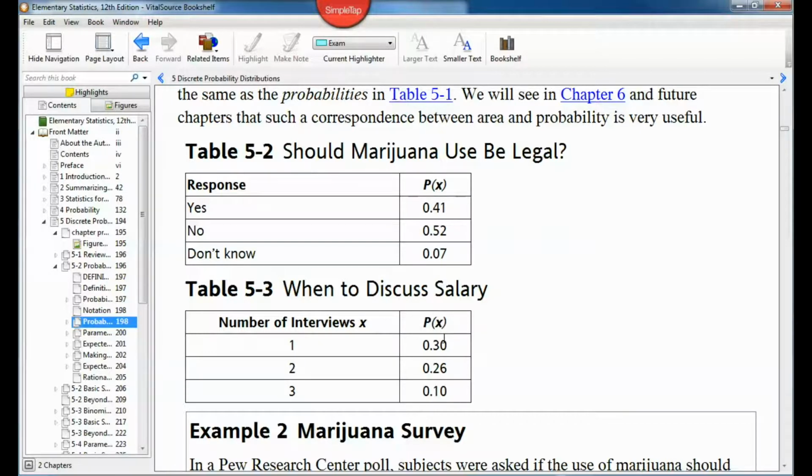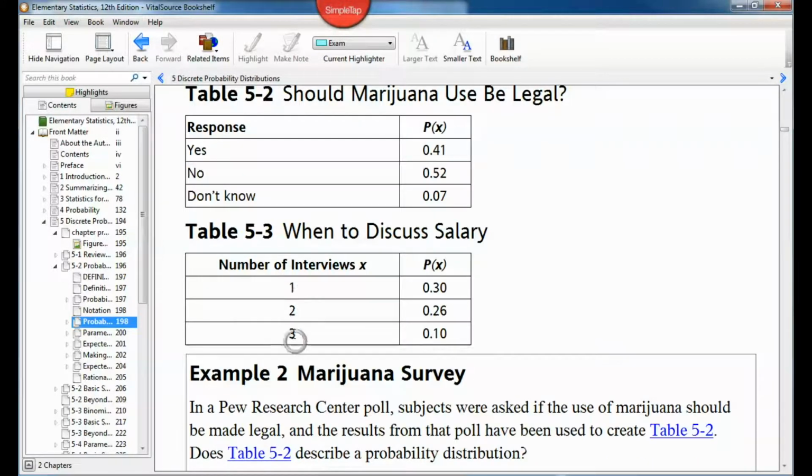Probability, when to discuss salary. I guess if you have 1 interview, 30%. 2 interviews, 26%. 3 interviews, 10%. So as far as the random variable goes, it's there, 1, 2, 3, or some random whole number.